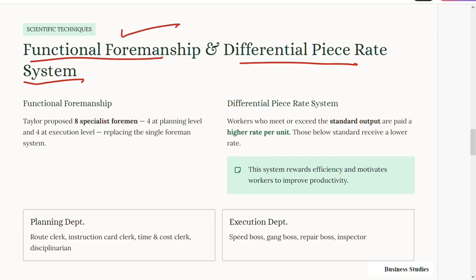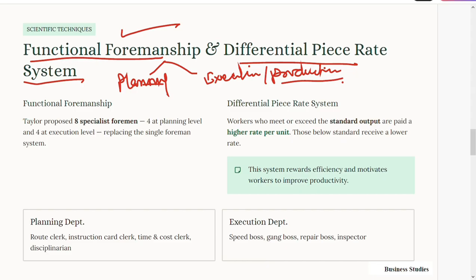Functional foremanship is a technique in which the production is divided into two parts, right? The one is planning, the other one is execution or production.